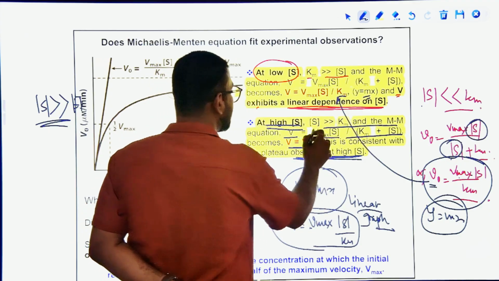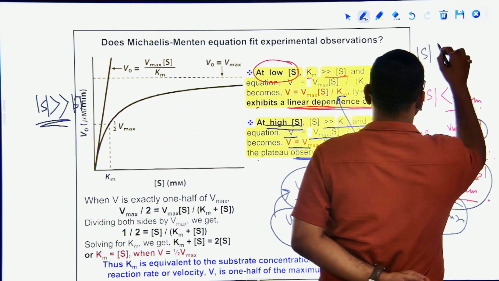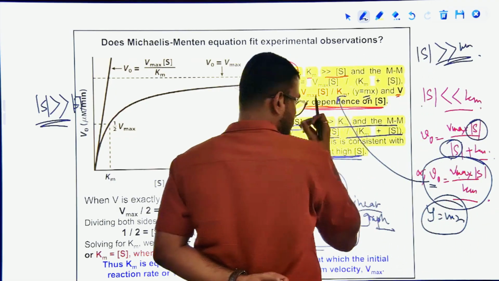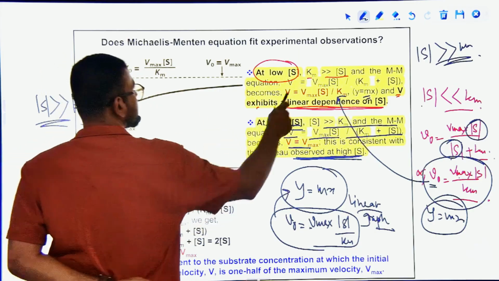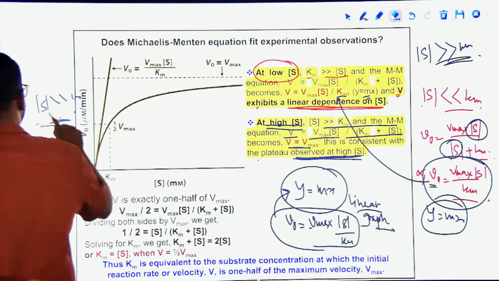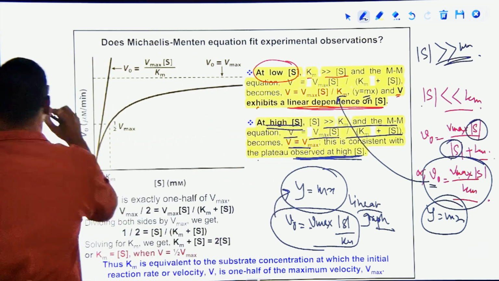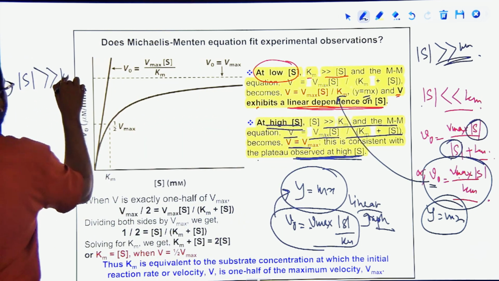Whenever substrate concentration is much greater than Km, Km should be eliminated.